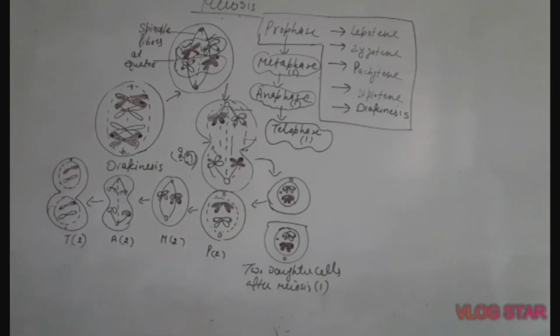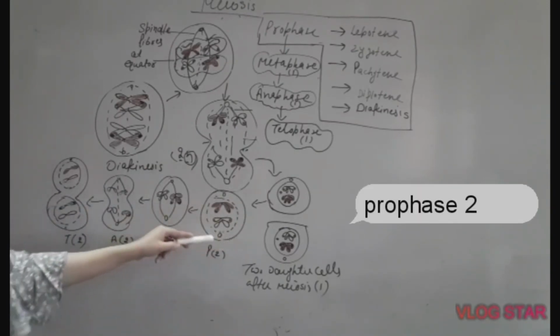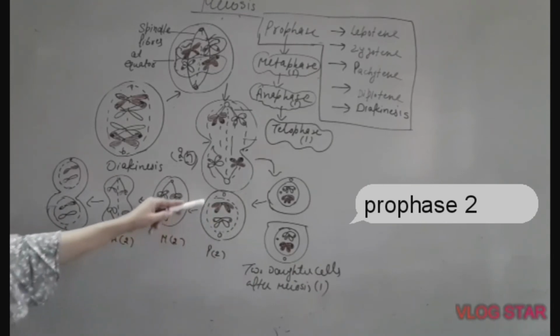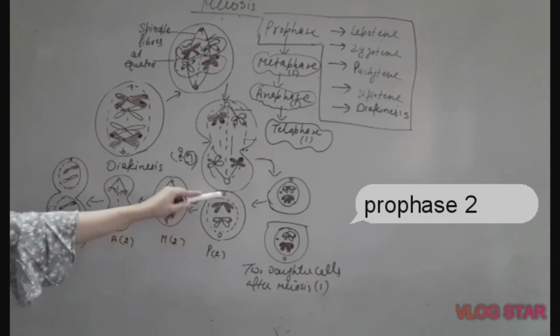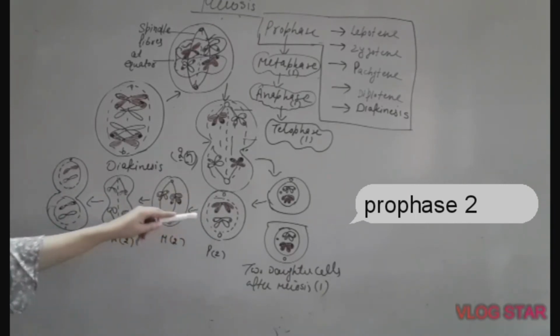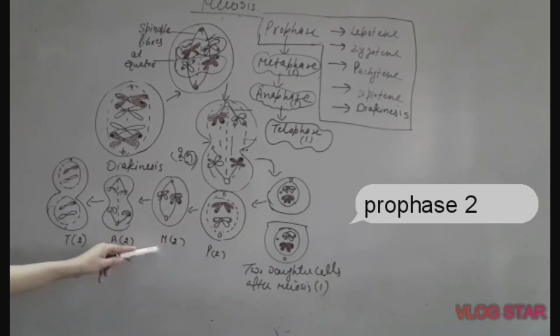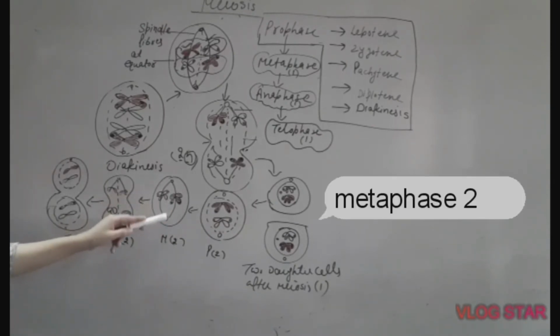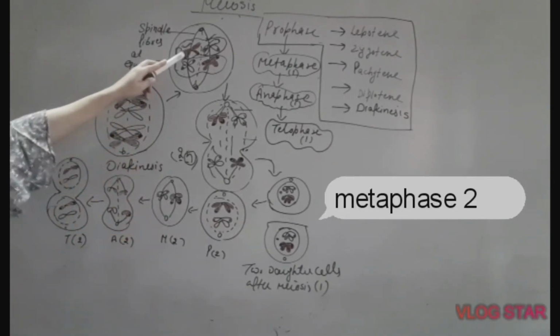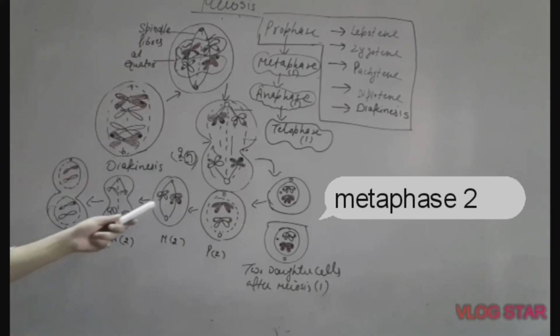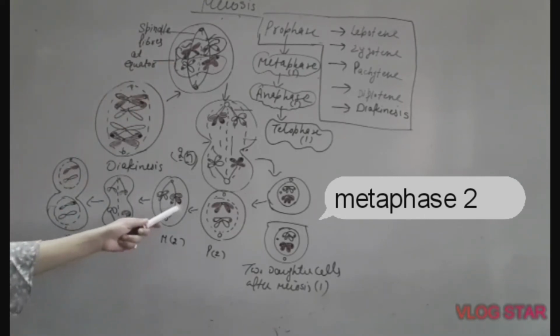Let us see how these two cells enter into prophase 2. In prophase 2 you can see the nuclear membrane begins to disappear. I have shown it dotted, and the centrosome divides to form two centrioles. The centrioles then give rise to spindle fibers, as in metaphase 1, and the chromosomes arrange themselves at the equator.